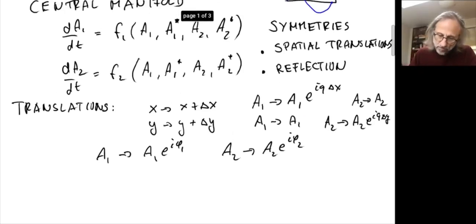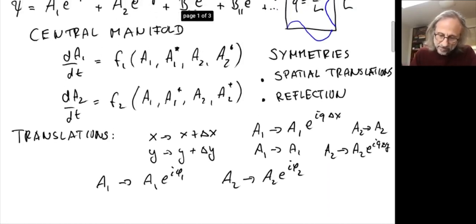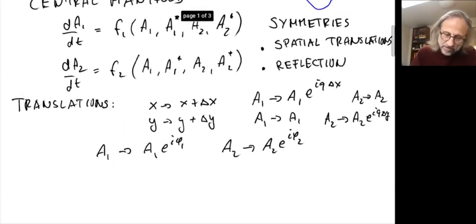We now know that the amplitude equations we wrote down need to be equivariant under both of these transformations independently. So let's look at the equation for A1 and require that it's equivariant under this. Well, we have to write it down.